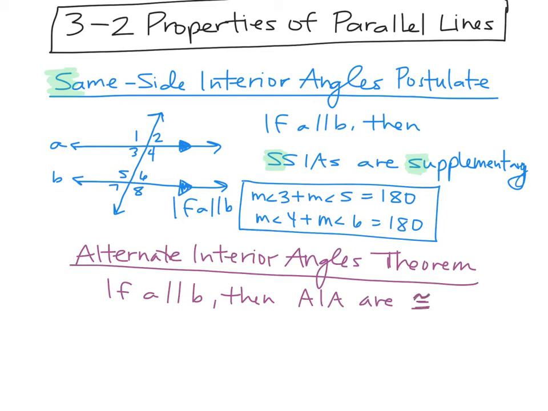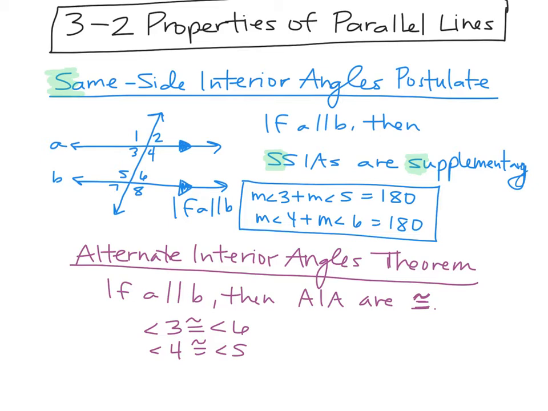Okay, so alternate interior angles are going to be the same. So if you look at this picture, what does that mean? Give me numbers. What angle congruent to what angle? Yeah, Sam. 3 and 6 are congruent. Right, so we can say 3 is congruent to 6, and we can say 4 is congruent to 5.